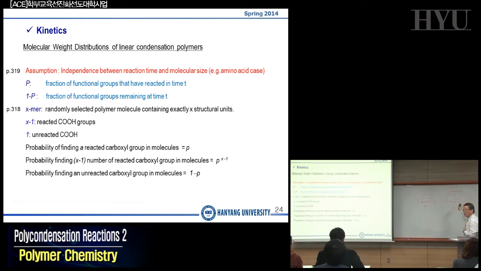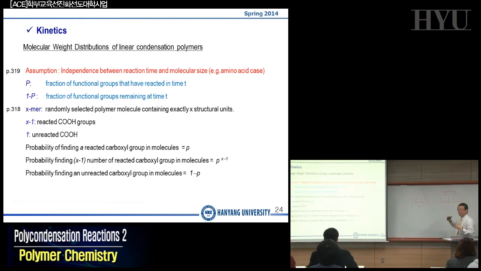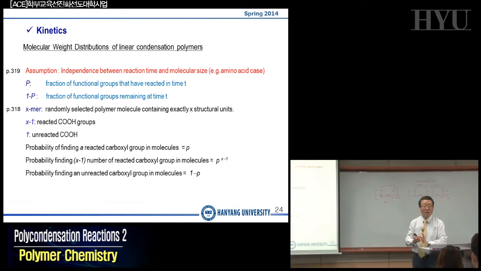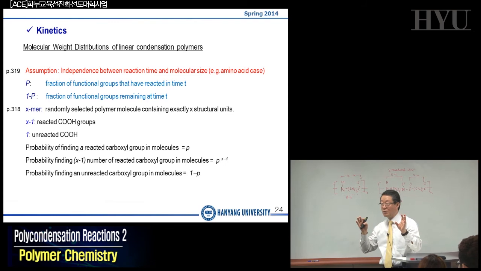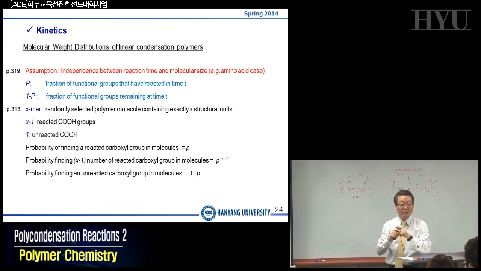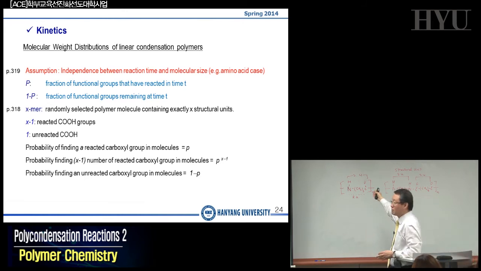Structural units could be defined as AA and BB type of your monomeric systems. If you have an AB type, structural units and repeating units are the same, right? Now, let's say that we have X structural units, and we have the AB type of monomer system in the first case.